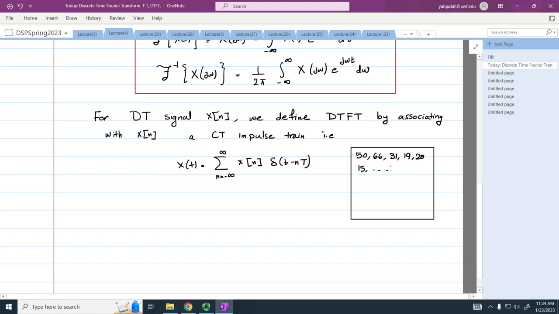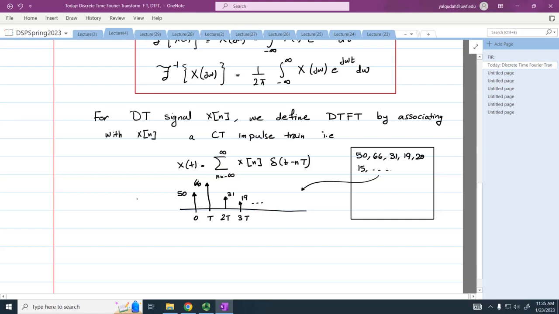So I'll tell you, okay, take these values and just represent them like this. At 0, have an impulse, and the value of this impulse is 50. At T, take an impulse that has a value of 66. At 2T, take an impulse that has a value of 31. At 3T, take an impulse that has a value of 19, and so on and so forth.